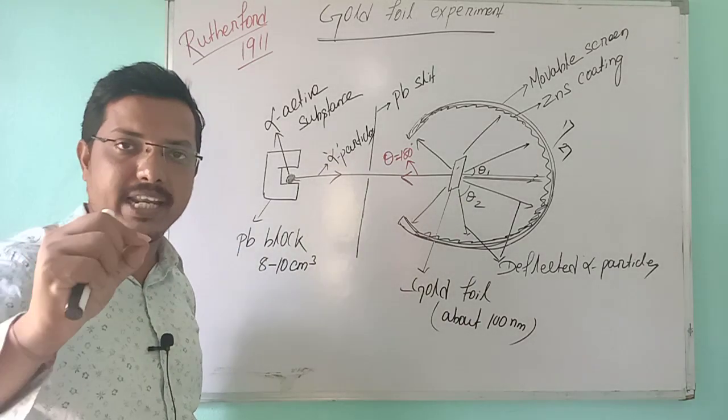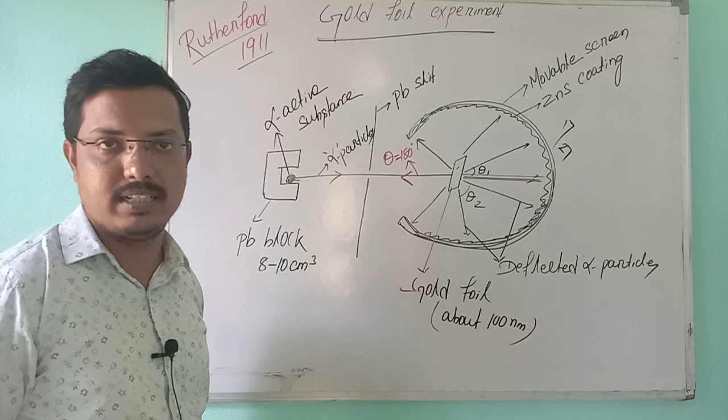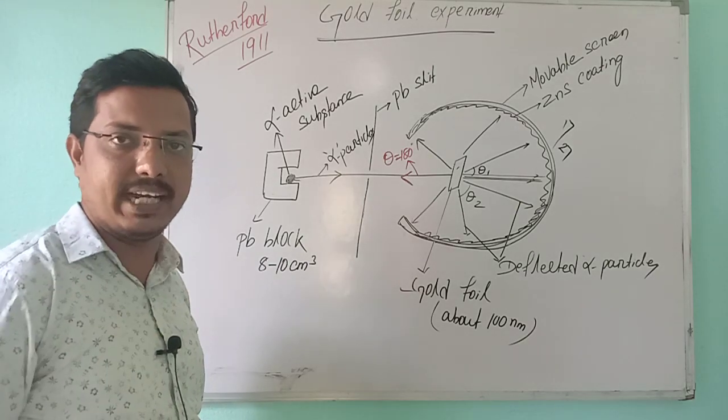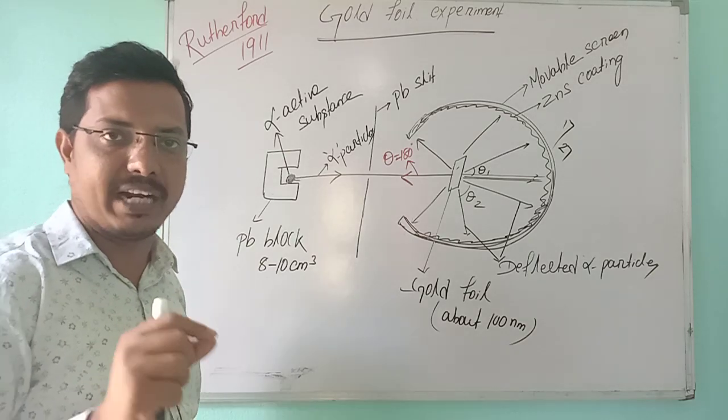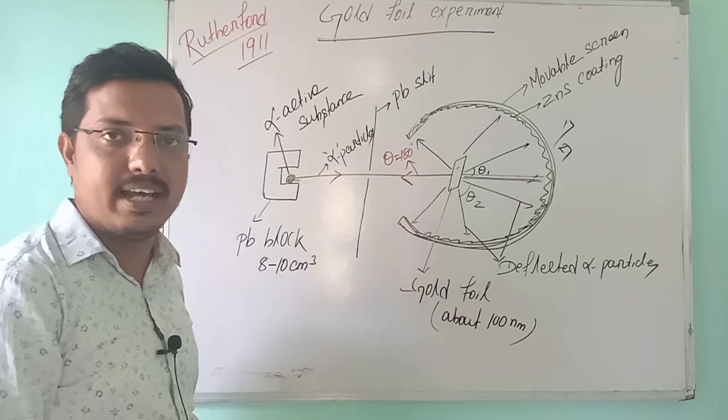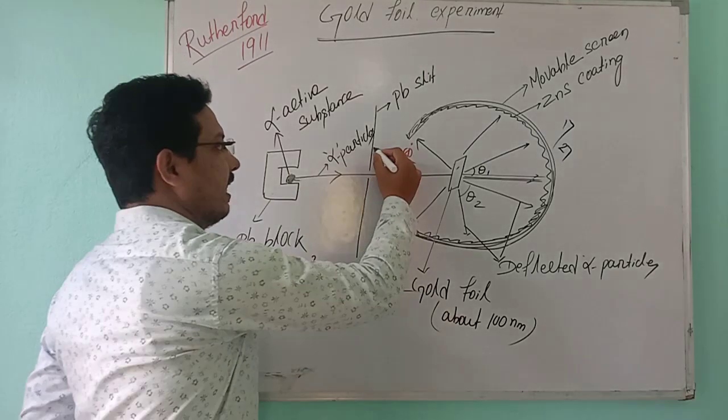But a very few of the alpha particles, that is one alpha particle in 20,000, did not pass through the metal foil and returned back along the same path, making an angle of deviation of 180 degrees.